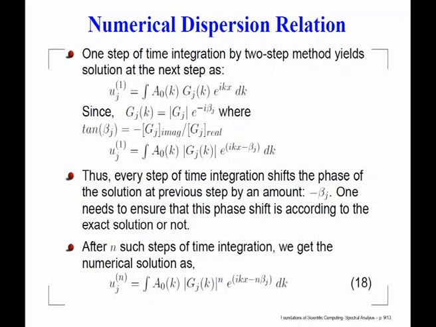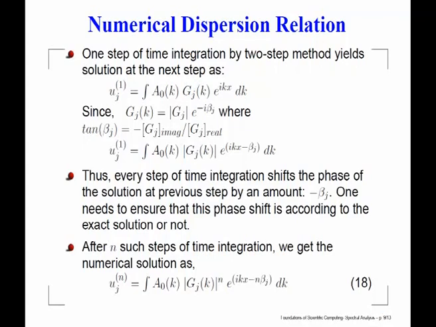So, suppose I perform n such steps. So, I have arrived at the solution at the nth time step, that would be again given by my initial spectrum. There is a mistake, this g j of k, there should be a power n, because every time I get 1. So, if I am doing n steps, there is an n missing here. Please do understand that there is a mistake.